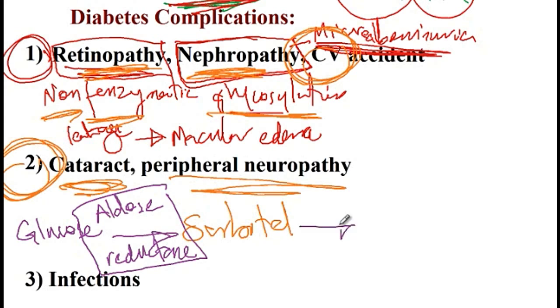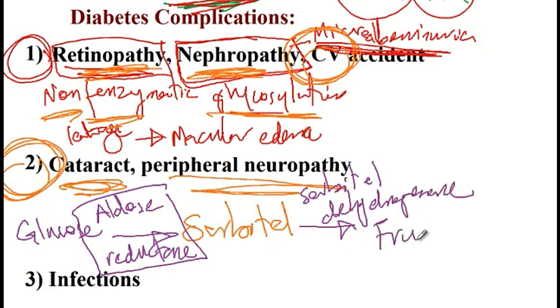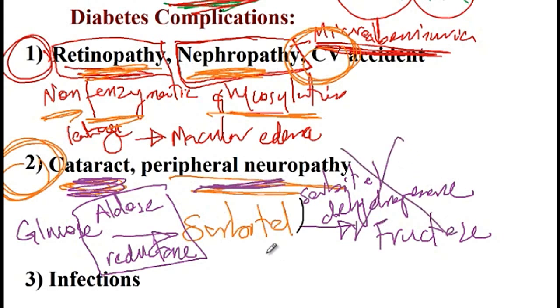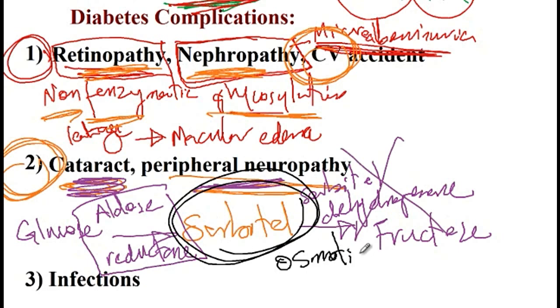And then later on, in some tissues which have sorbitol dehydrogenase, sorbitol will be converted back into fructose, and it doesn't cause damage. But if a tissue like the lens of the eye or the peripheral neurons doesn't have sorbitol dehydrogenase, sorbitol will build up and cause osmotic damage.